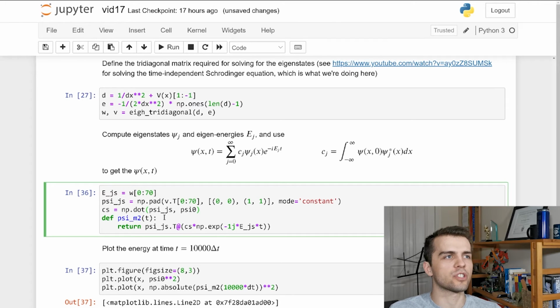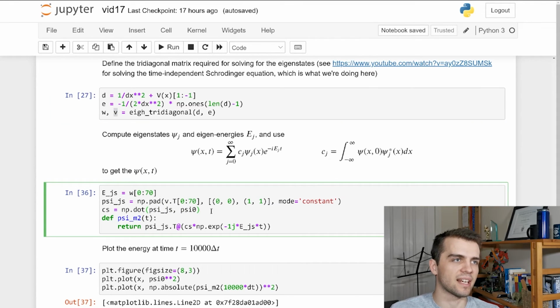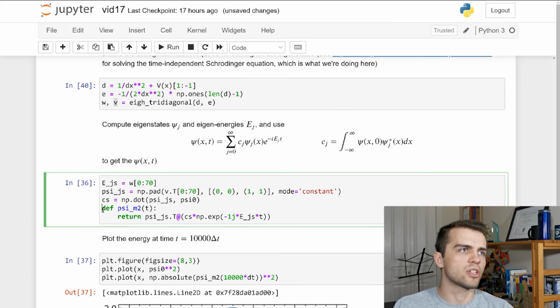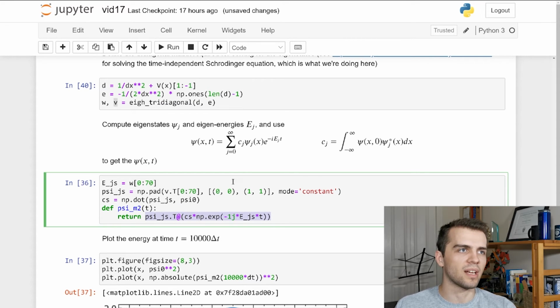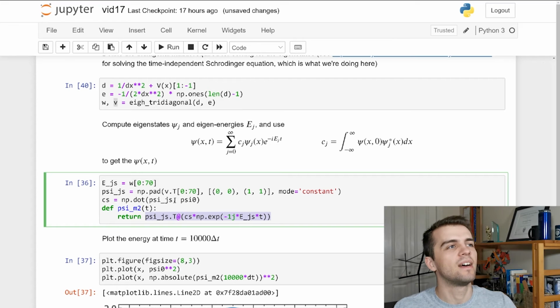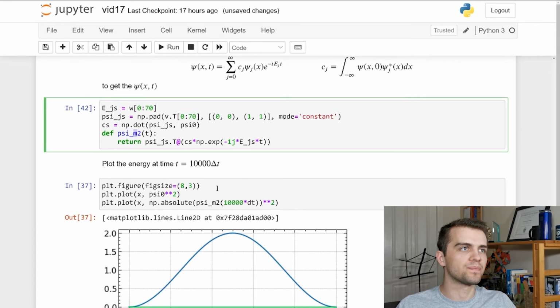This integral just becomes a dot product between these 2 vectors here. And because of the way that the v's are normalized, I don't need to include the dx here. And so this function here is used to compute this formula. There's a clever matrix multiplication that goes on here that's used to compute this formula, and I encourage you to look more into that. But I can do this, and this will get me my psi for the method 2.